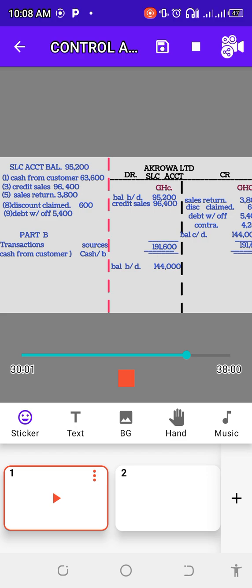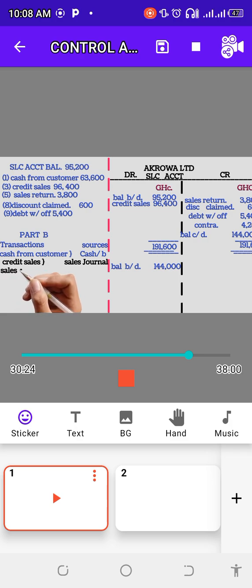Then the second one, credit sales, that is the second information. Credit sales is from the sales day book or the sales journal, the sales day book. That is where we get information on credit sales. That is the book of prime entry where we get all information about total credit sales.